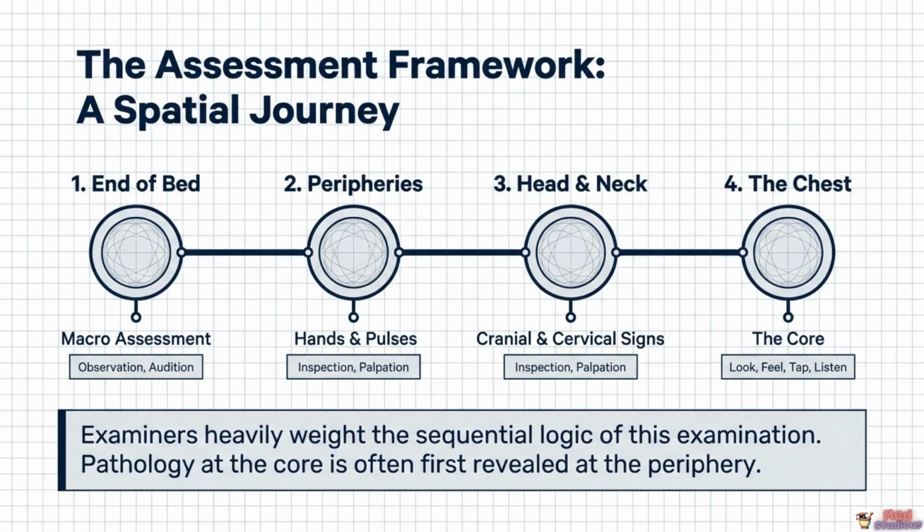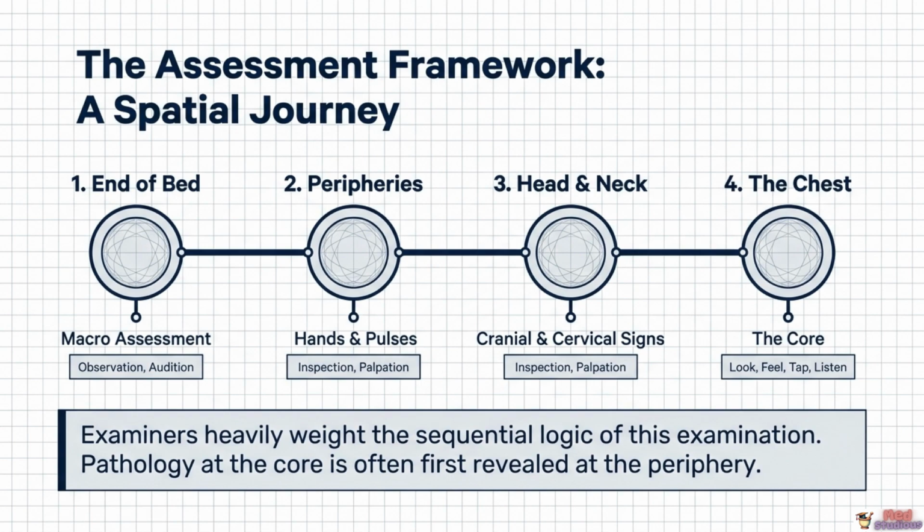The third stop is the head and neck, assessing cranial and cervical signs through further inspection and palpation. The fourth and final stop is the chest itself, the core of the examination, assessed through the complete sequence of look, feel, tap, and listen: inspection, palpation, percussion, and auscultation.